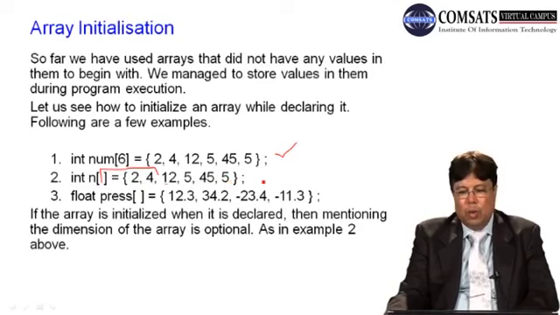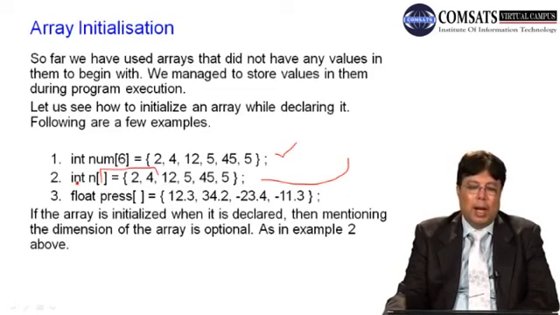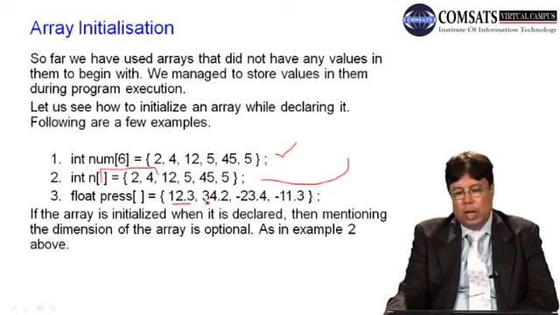What will the system do? It is a special concept. The system will determine the size by itself. Here, float with 1, 2, 3, 4 values, again no size. The system calculates how many elements you have provided and the size is computed automatically.